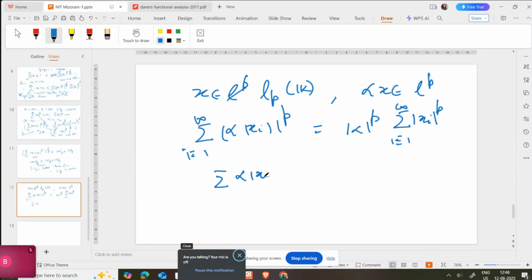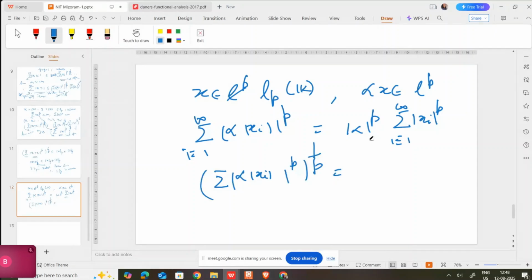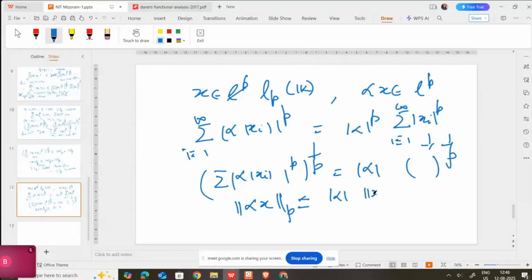So mod alpha raised to p, raised to 1 by p, gives you mod alpha here, and this will be the same thing raised to 1 by p. This is nothing but the norm of alpha x in p, which is equal to mod alpha times the norm of x. So this property is also satisfied.